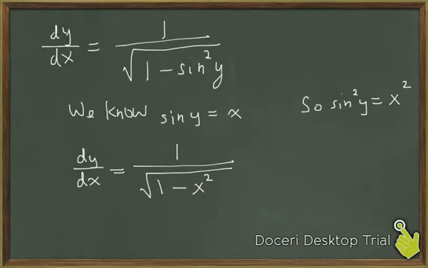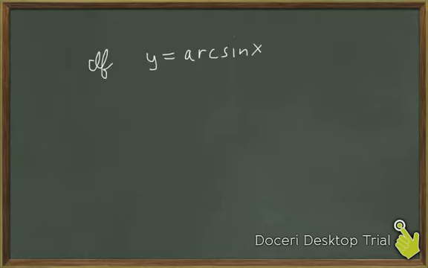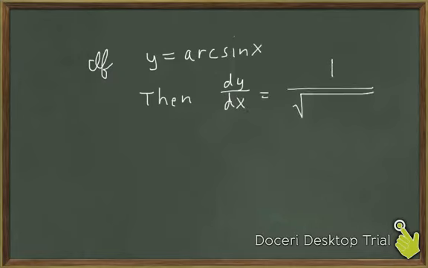So recapping, if y equals arcsine x, then dy/dx equals 1 over the square root of 1 minus x squared.